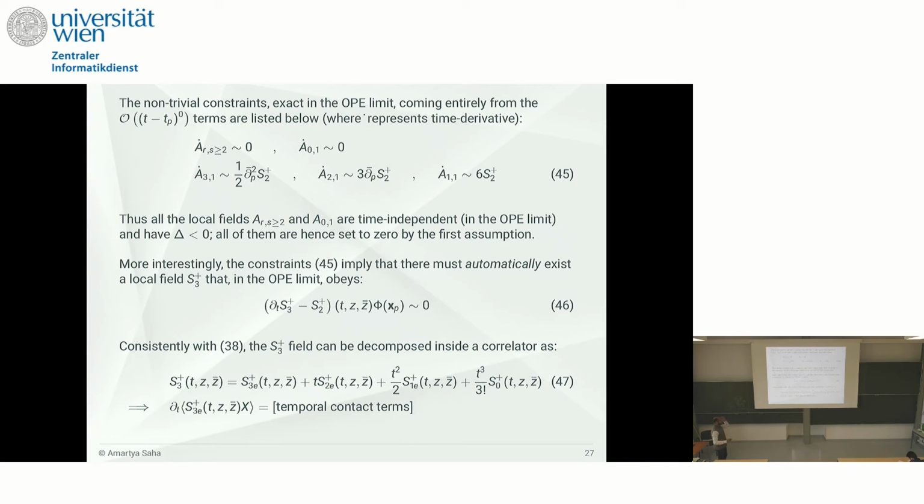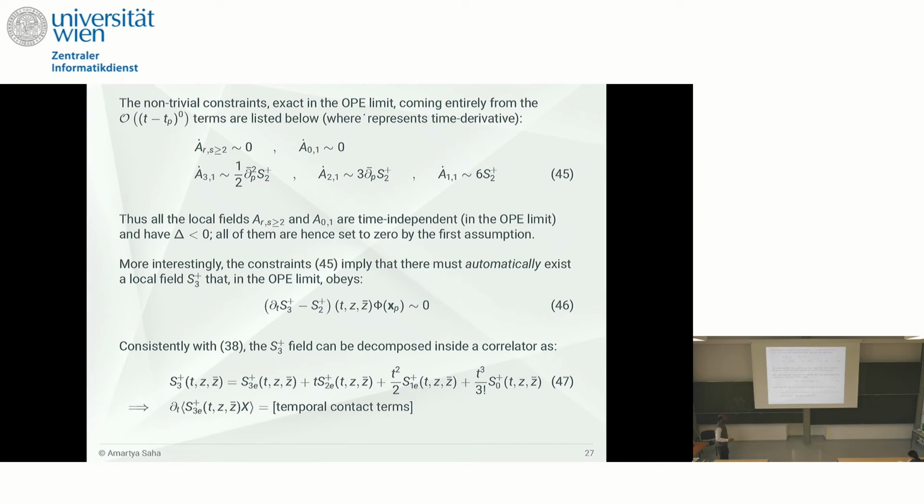There must exist a local field in the OP expansion A11 whose time derivative is exactly equal to 6 S2 plus in the OP limit. That means I have to have a field S3 plus that satisfies equation 46 in the OP limit.